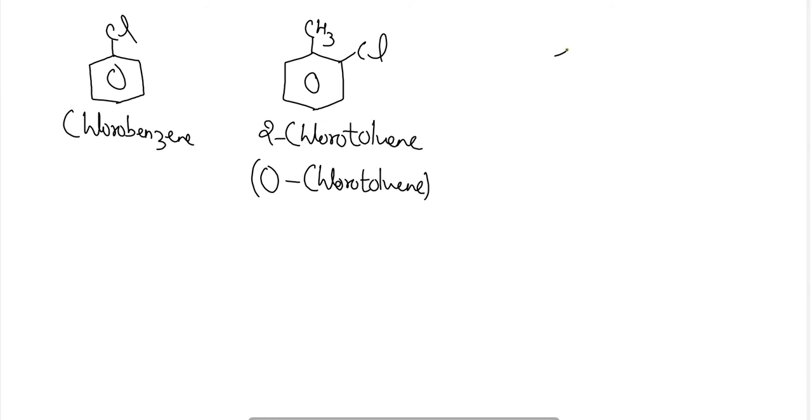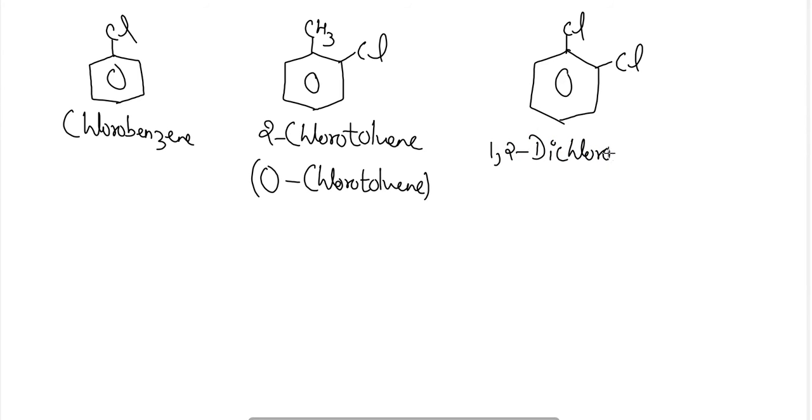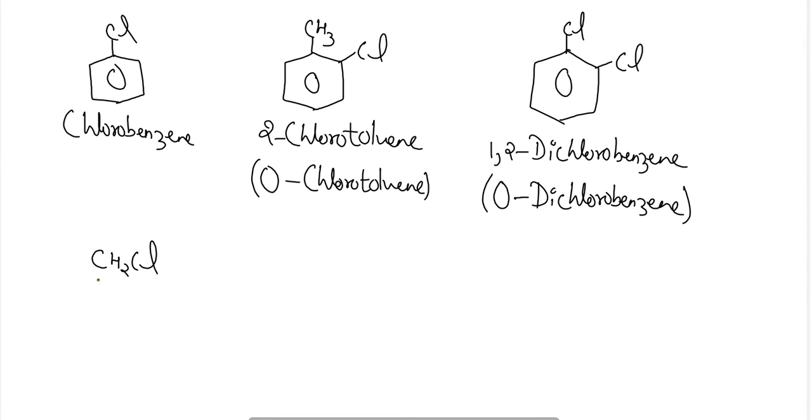Now if two chlorine atoms are attached to the benzene ring, then the name of this compound will be 1,2-dichlorobenzene, or we can also term it as orthodichlorobenzene.